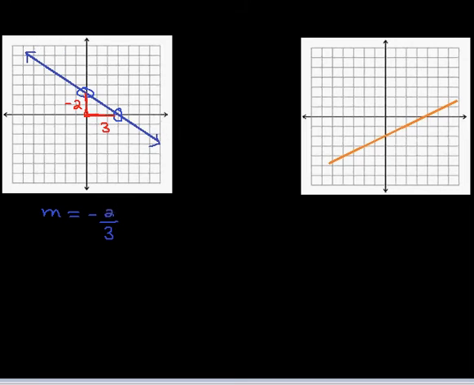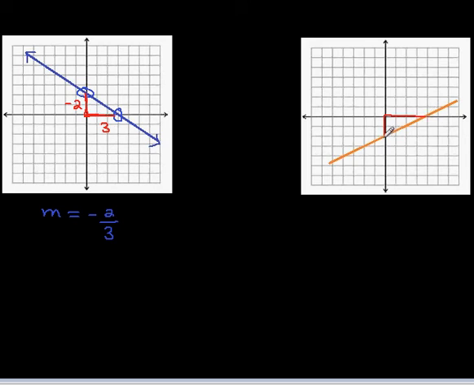Let's do the orange line now. Construct my triangle. I'm going to find 2 points. A little hard to tell on my graph, but it looks like here's one, and maybe here. So I'm going to construct a triangle like this. Maybe reaching a little bit with my drawing.